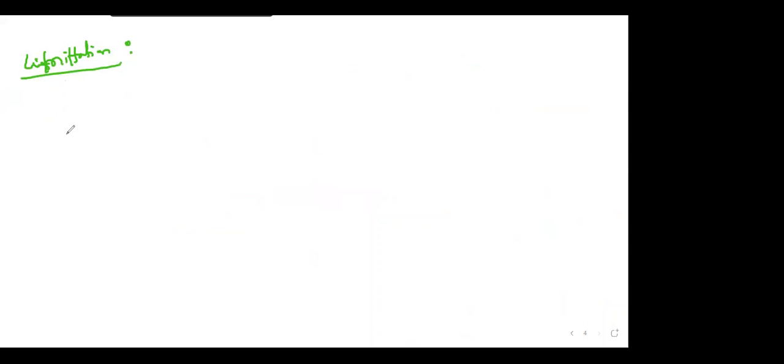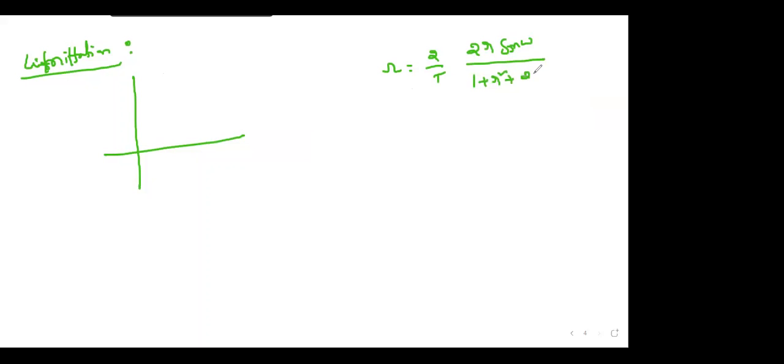Here, we know that omega is equal to 2 by T into 2r sine omega divided by 1 plus r square plus 2r cos omega.